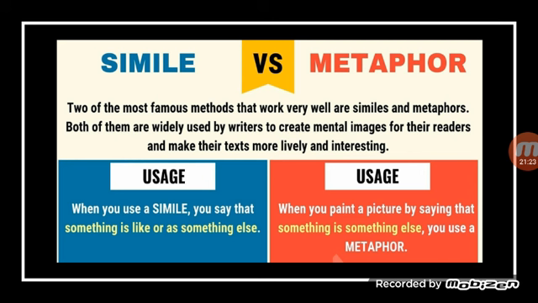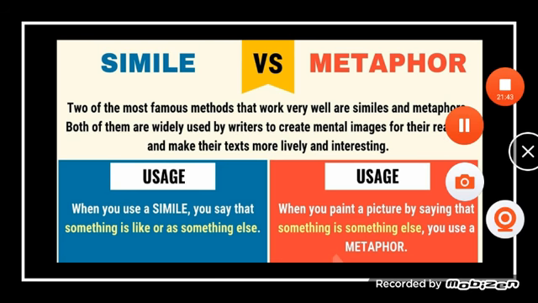Both are used to increase the beauty of the language. In fact, all the figures of speech are used for the same purpose. So, let's see the simile usage. When you use a simile, you say that something is like or as something else. When you are using simile, you are using like or as.